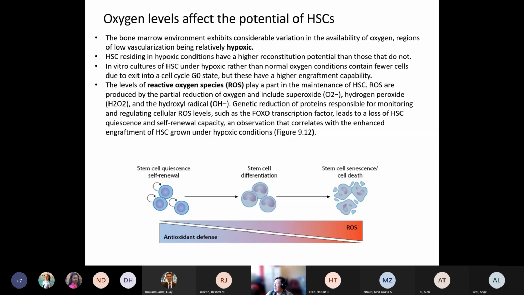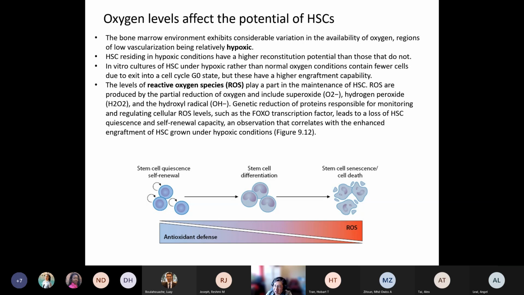When you have a lot of oxygen, that turns to produce reactive oxygen species. When you have lower levels of oxygen, the cells are considered to be in a hypoxic environment. Hypoxic means lower levels of oxygen.